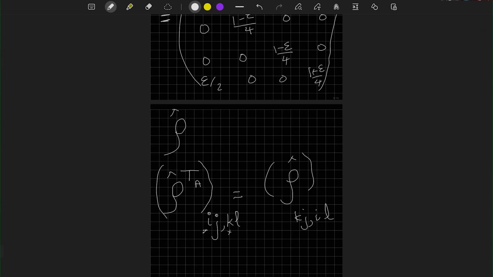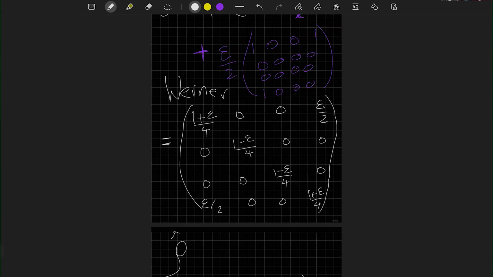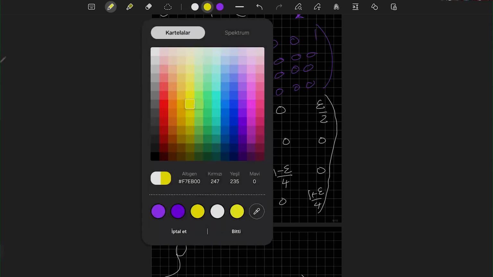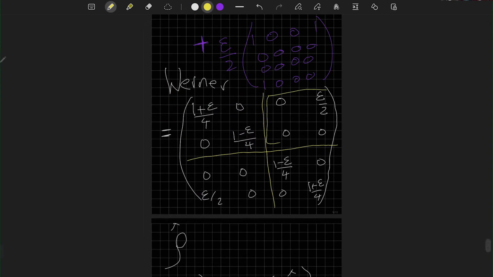Now, if I were to perform this operation on my density operator, what I'm really going to do is divide this matrix into 4 submatrices, and I swap this submatrix with this submatrix.